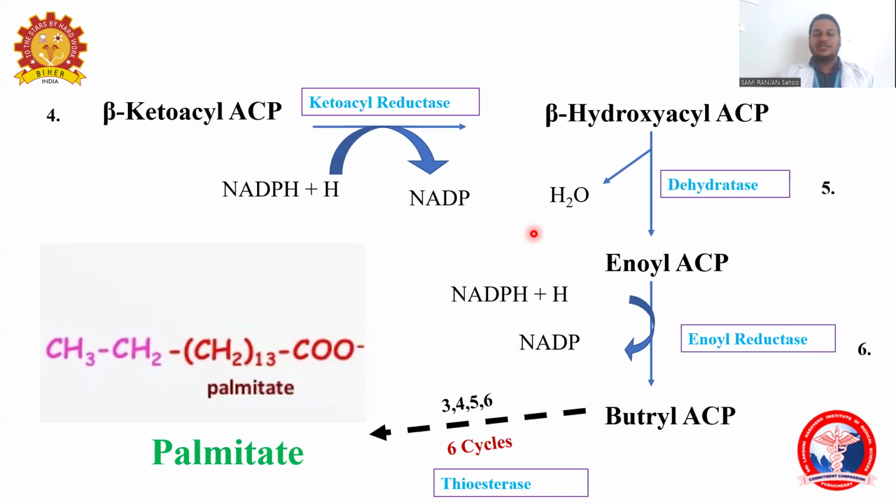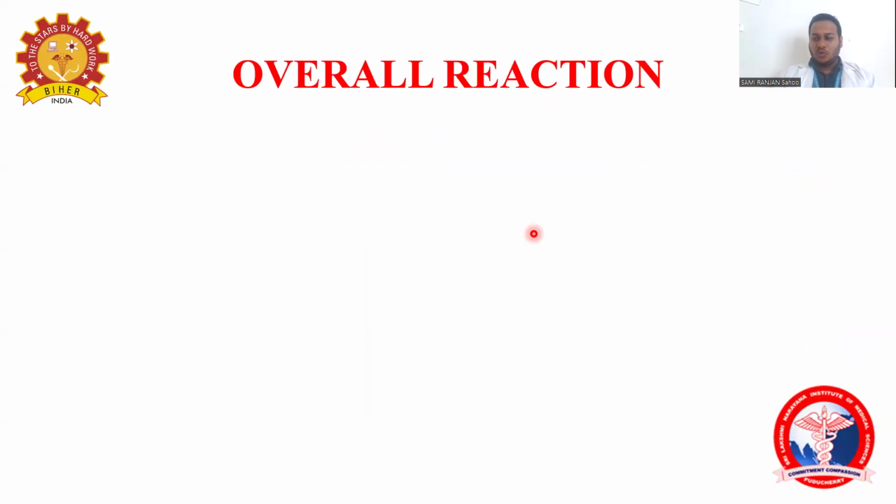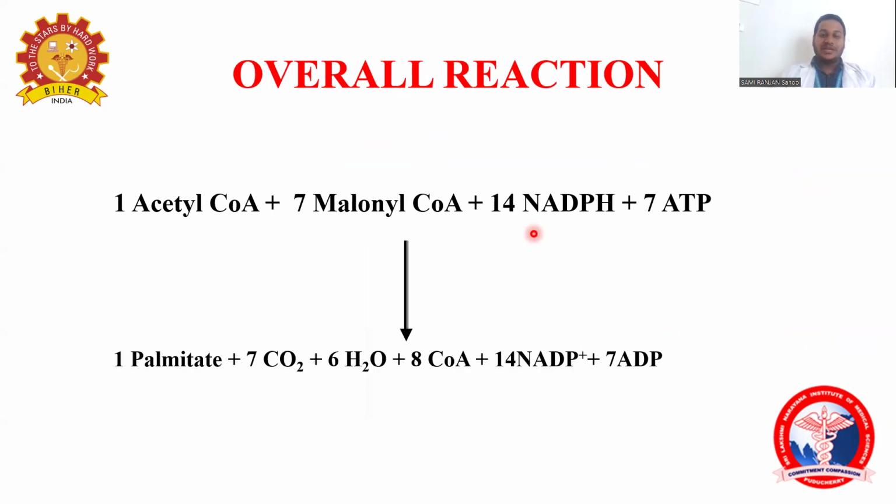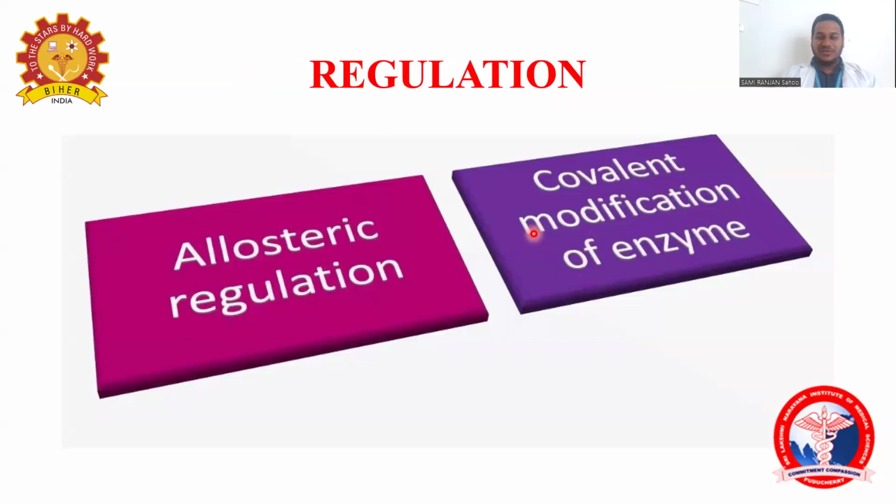Finally, it is released by thioesterase, the releasing enzyme, to form palmitate, which has 16 carbon atoms. So overall reaction: 1 acetyl-CoA plus 7 malonyl-CoA, 14 NADPH, plus 17 ATP forms 1 palmitate, 7 carbon dioxide, 6 H2O, 8 CoA, 14 NADP, and 7 ADP.